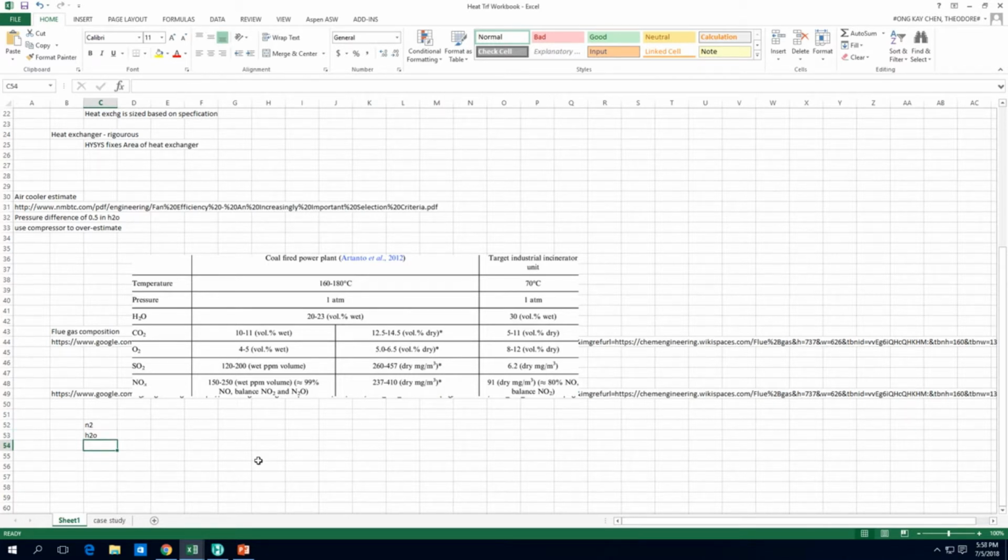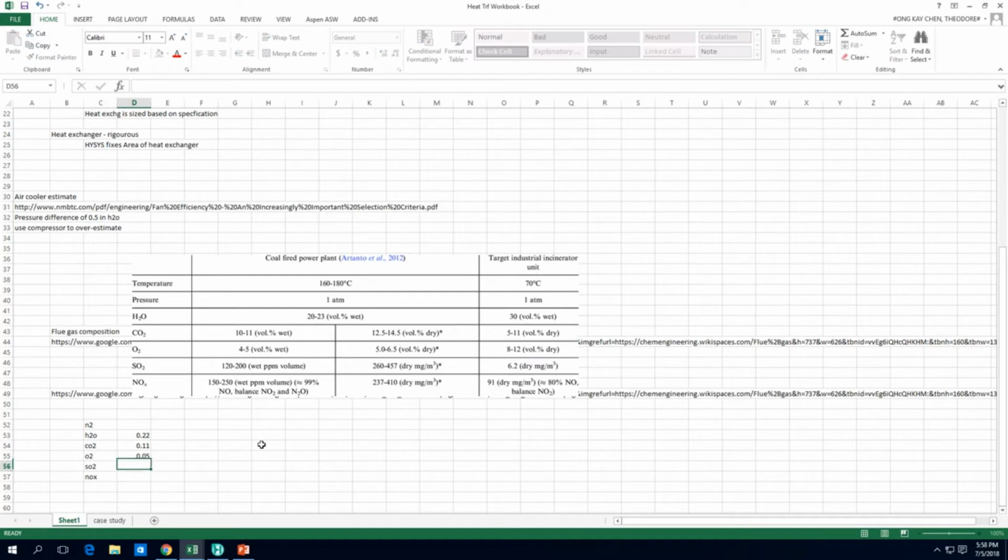So we have O2, CO2, N2, H2O, SO2, NOx. So nitrogen is whatever remains. CO2 is about 11%. Water is 22 to 23%, so I'll just leave it as 22%.